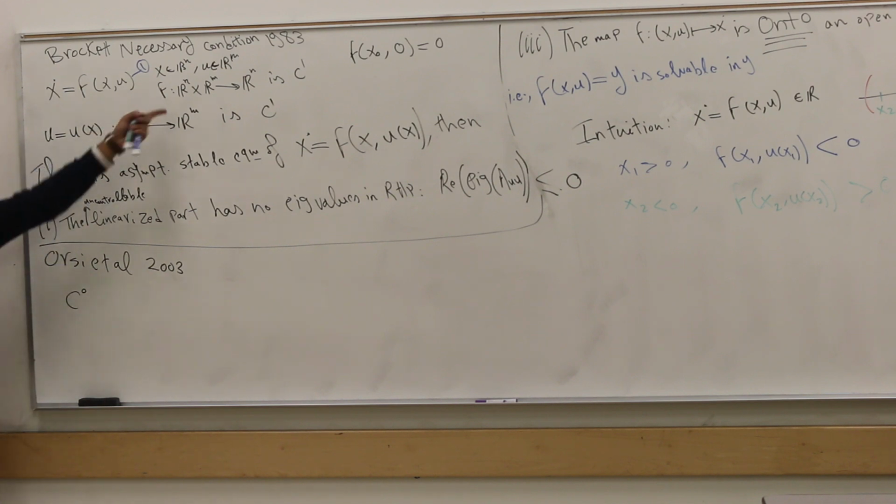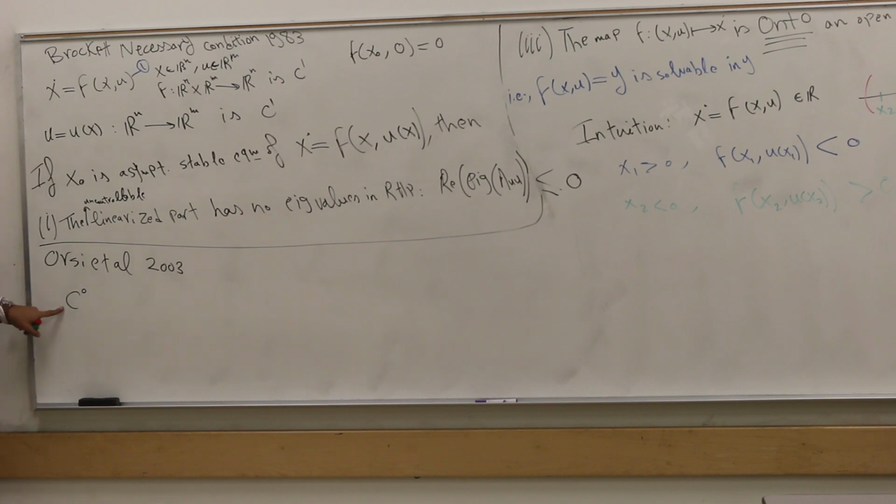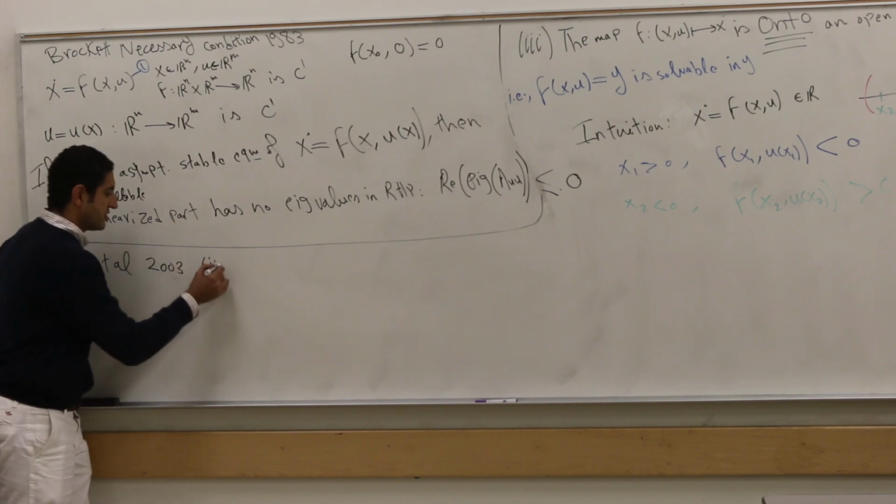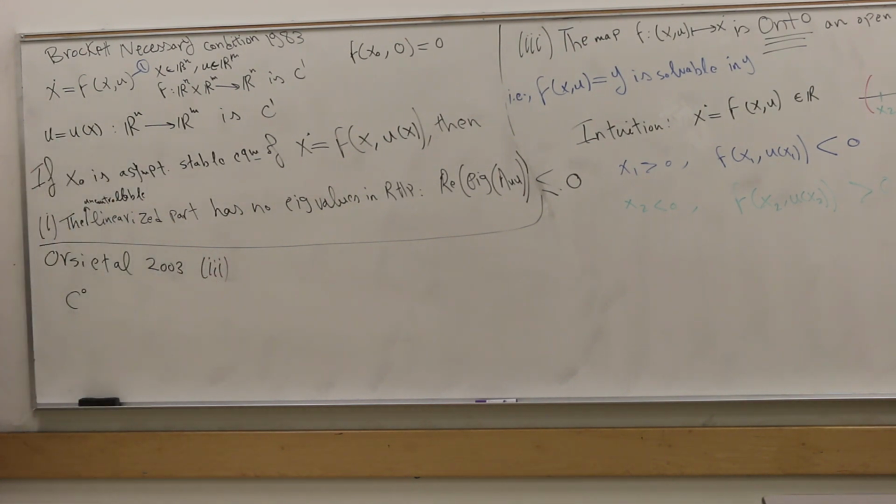Obviously, you need the system to be more than continuous for existence and uniqueness of solutions, but at least for the feedback, it allows continuous feedback. So Orsi said that the same set of conditions, but the first ones are mandatory anyway. So the third condition is also a necessary condition for stabilizability using continuous feedback, and he wrote it in a different way. It's the exact same condition, but in a different way, and I like his way.